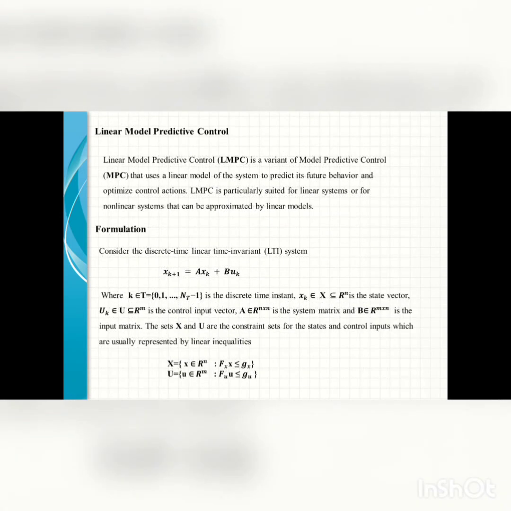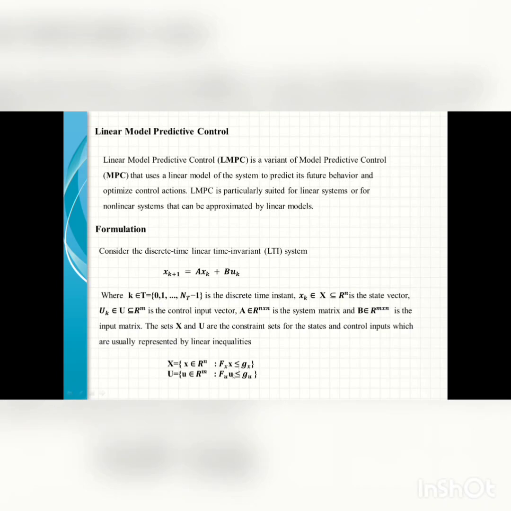Here I'm going to talk about the discrete time linear time invariant system. Here we define x of k plus 1, that is the future state, equal to A into x of k, that is the present one at the kth instant, plus B into u of k, that is the control input. Here X and U are the constraint sets for the state and control inputs, which are usually represented by linear inequalities.